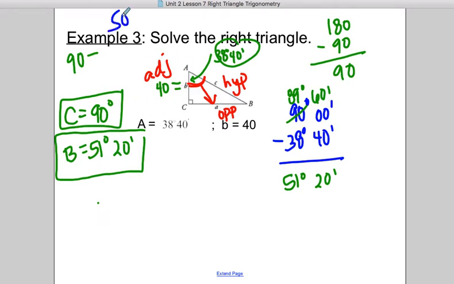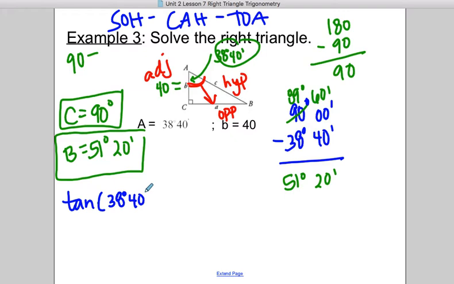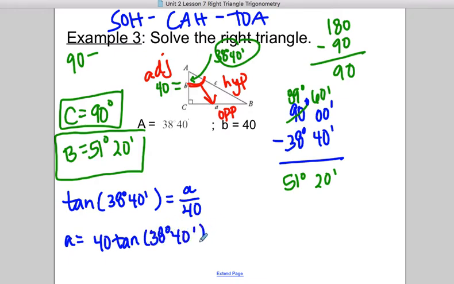So using SOHCAHTOA, that would be tangent of the angle, 38 degrees and 40 minutes, equals A over 40. So A equals 40 times tangent of 38 degrees and 40 minutes.